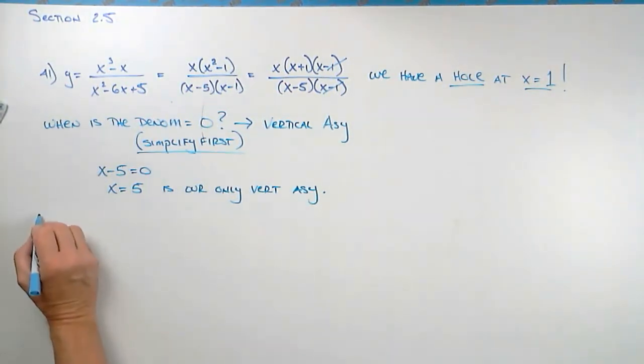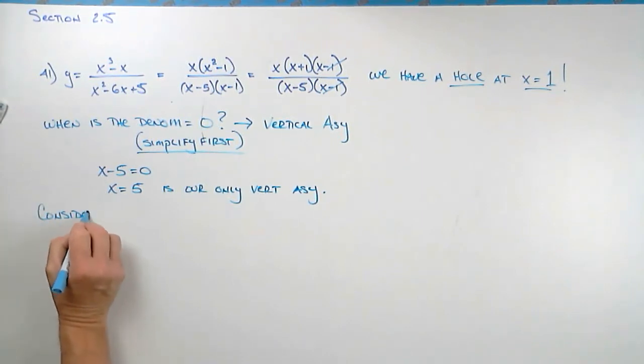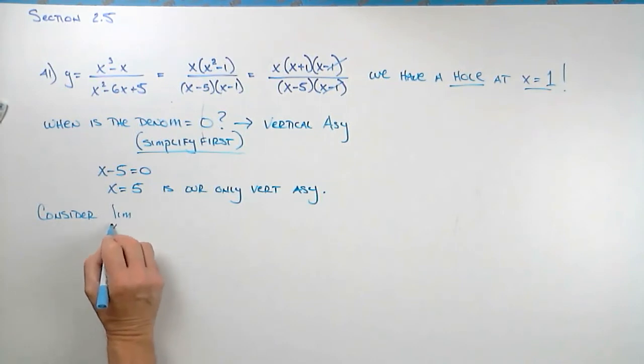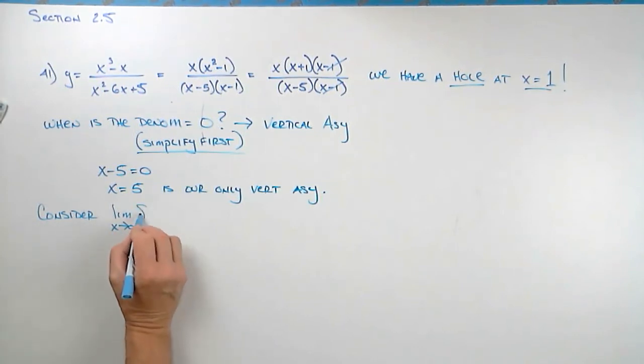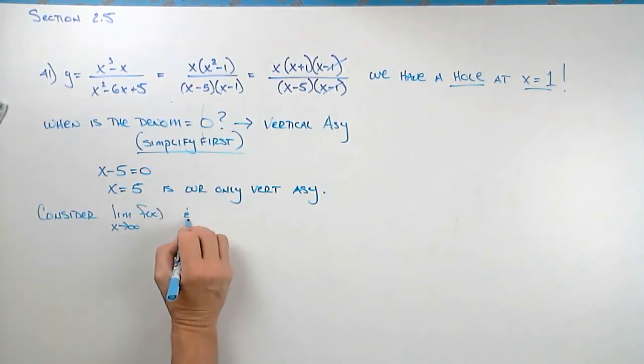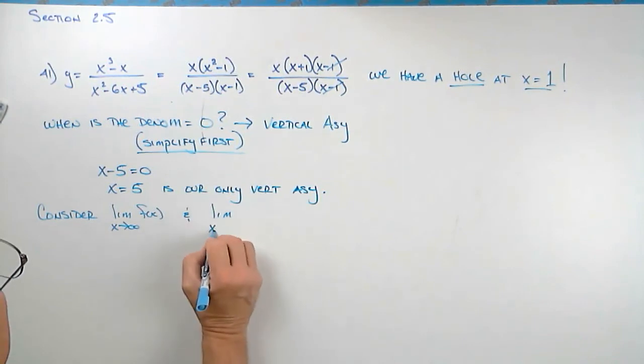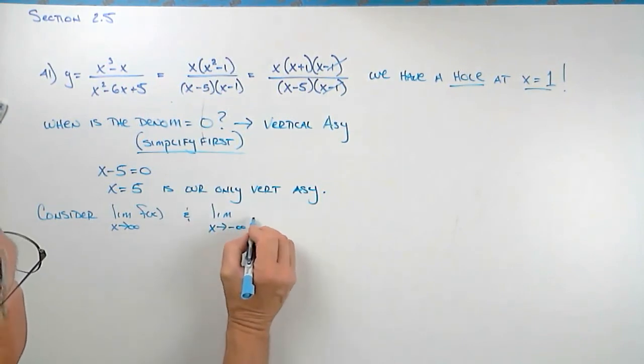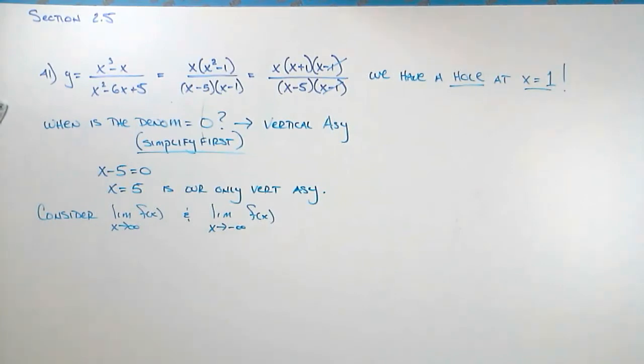Now, how do we find horizontal asymptotes, right? Well, for horizontal asymptotes, we consider the limit as x approaches infinity of f of x and the limit as x approaches negative infinity of f of x. We know those are a mechanical process when you have a rational function such as this.